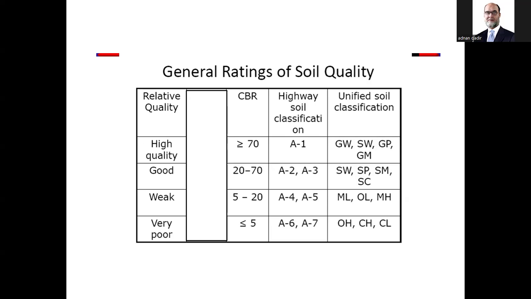If you have A2 soil, it is 20 to 70. If you have an A4, A5 soil, you see a CBR of 5 to 20. And very poor soil.